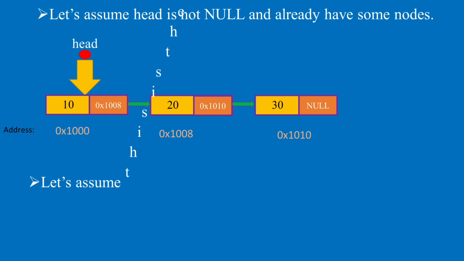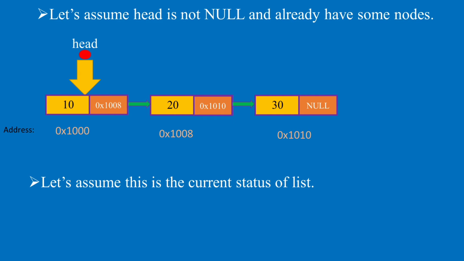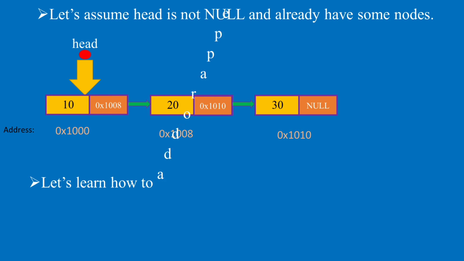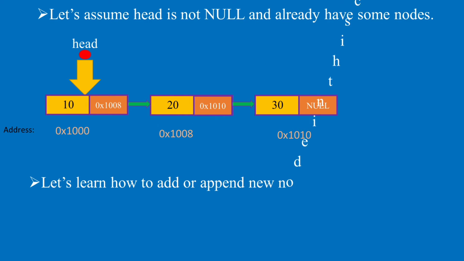Let's assume this is the current status of the list. Let's learn how to add or append previously created new node into the list in this scenario or case.